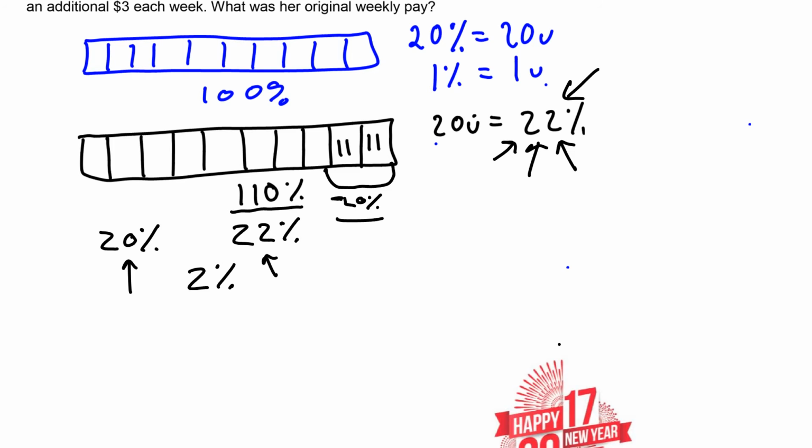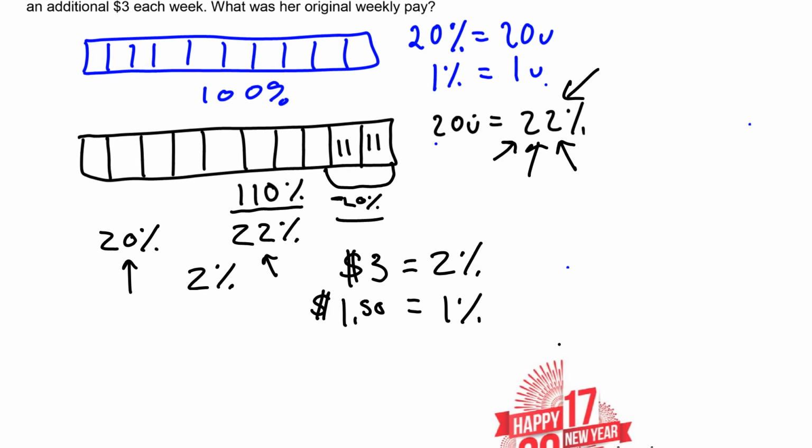So that means $3 more is going to be equal to 2%. Well, if $3 is equal to 2%, then that means 1% is going to be equal to $1.50, since we can just chop both of them in half.